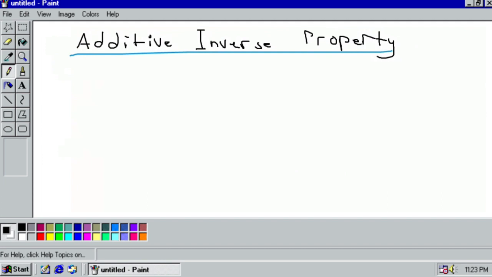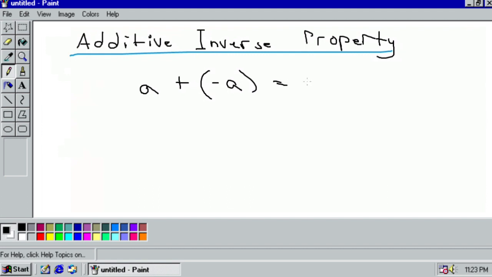We have, this is the second to the last one. This is the additive inverse property. This means the sum of a number and its opposite is 0. For any number a, the additive inverse is negative a. So to understand this property, let's have any number a. The inverse of a is negative a.